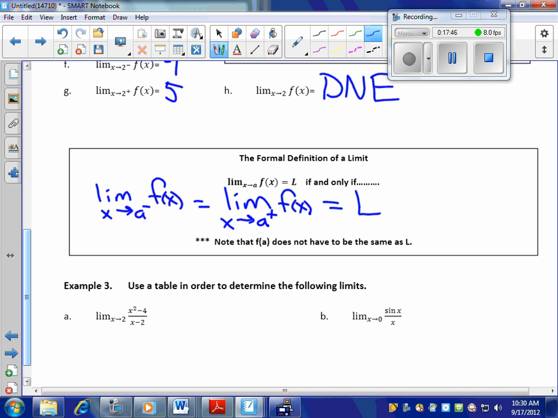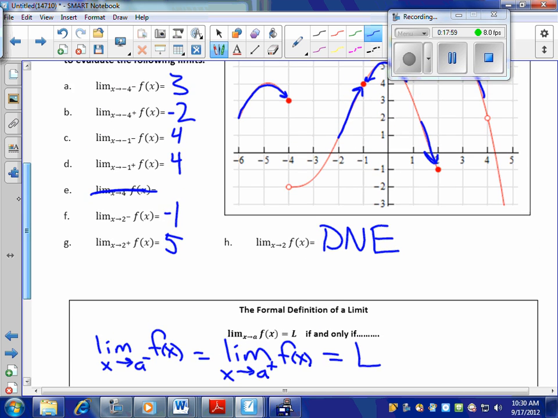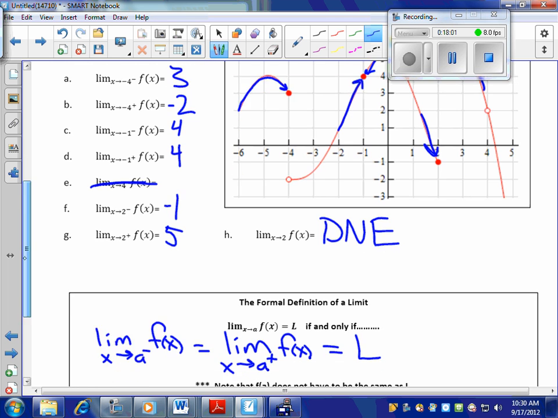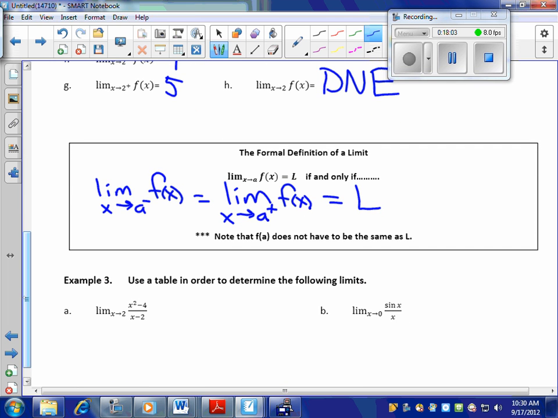If the left-hand limit and the right-hand limit are the same, then we have a limit that exists. Very good. So we'll go back to E here in a second.